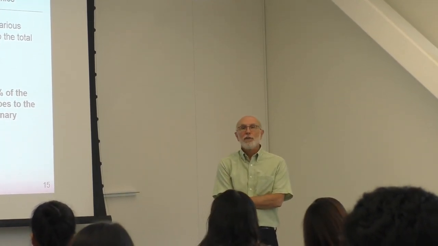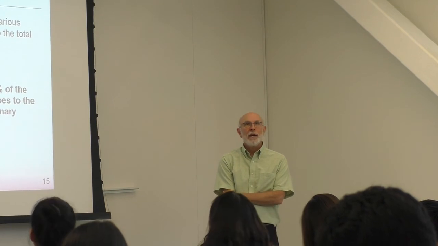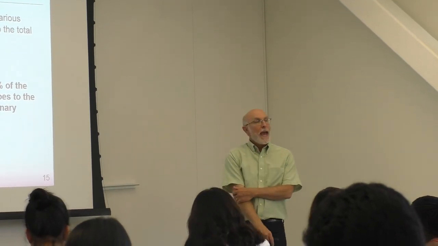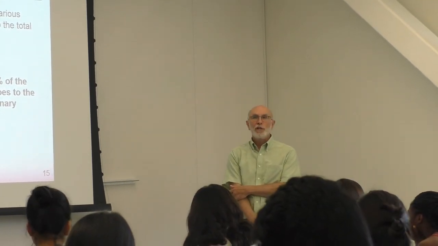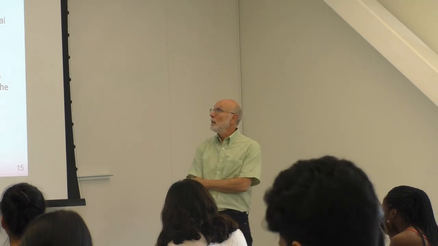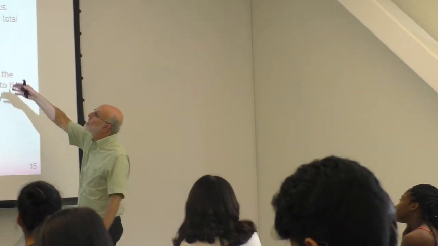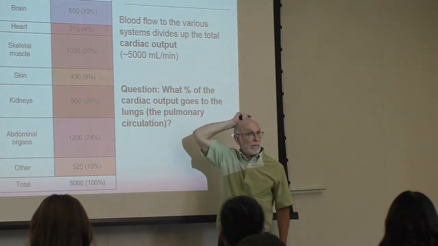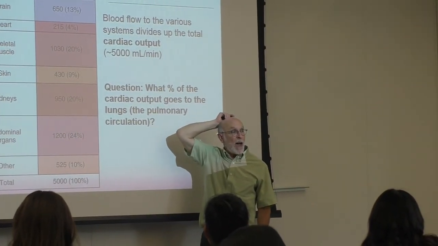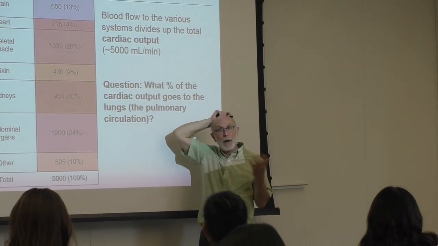You could convert that into liters per second or milliliters per second or liters per day or whatever. You could do the units conversion, but the typical unit is liters or milliliters of blood per minute. And a typical value is something like 5 liters per minute. 5 liters of blood every minute is being pumped by your heart.